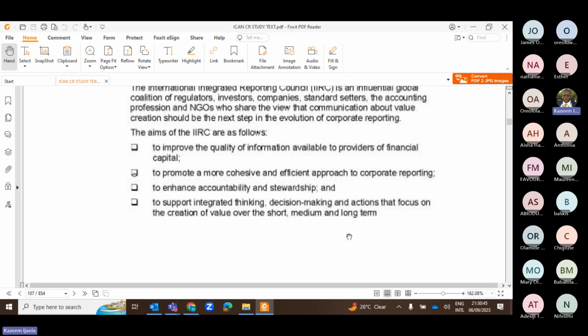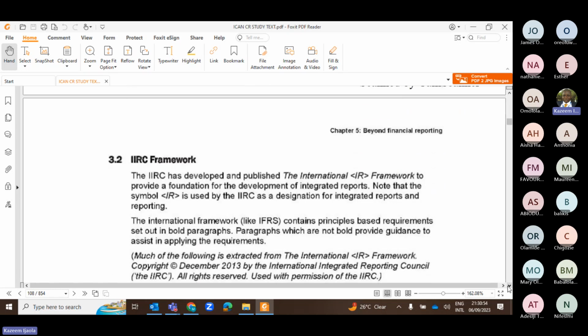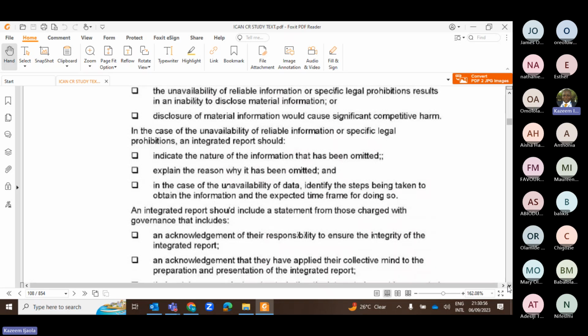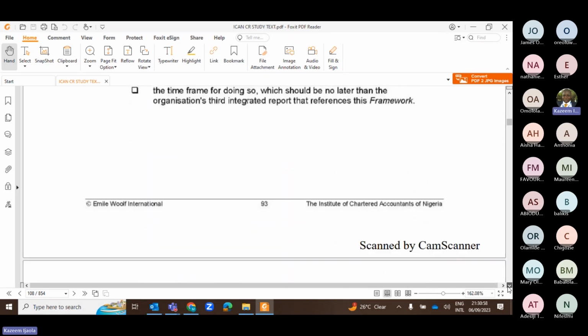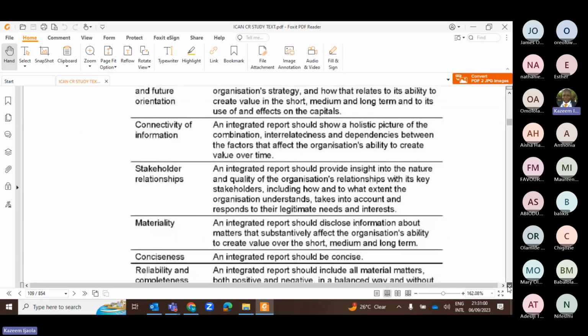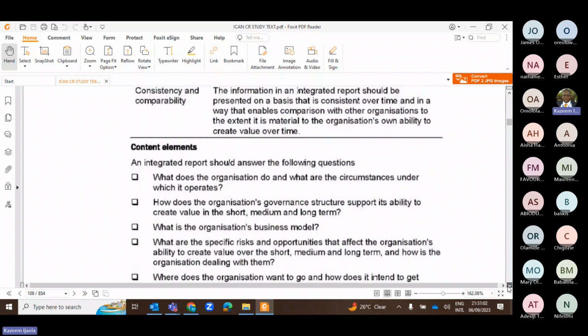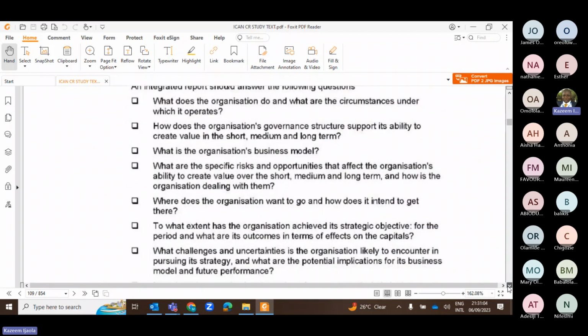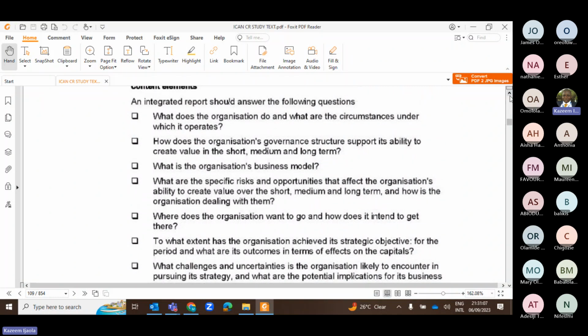It also supports integrated thinking, decision-making, and action that focus on the creation of value over the short, medium, and long term. So these are some of the issues we have under the IIRC, the International Integrated Reporting Council.